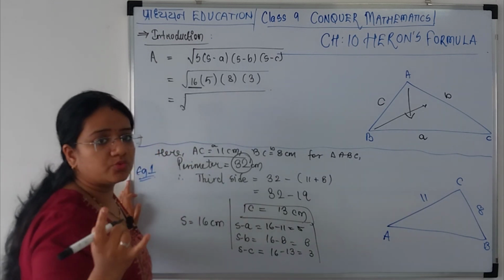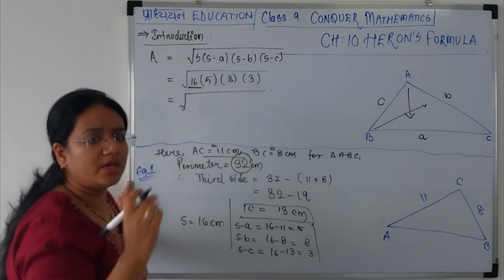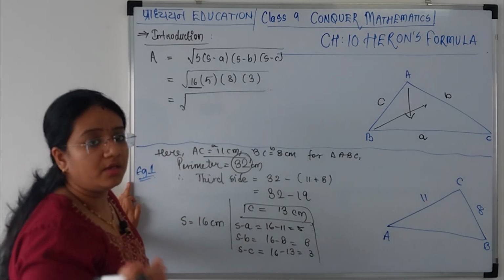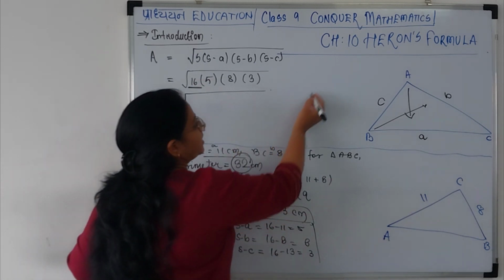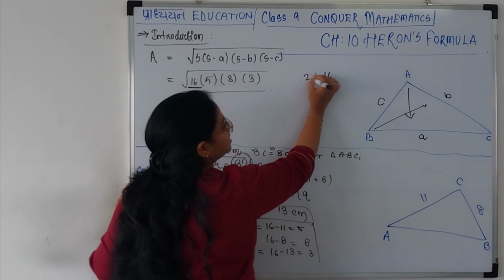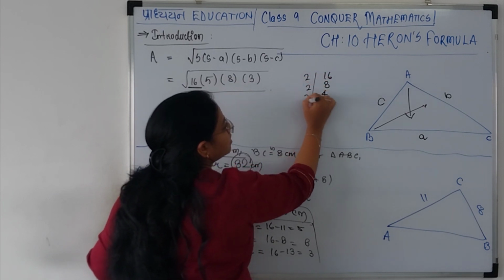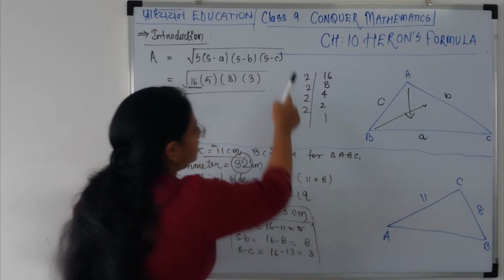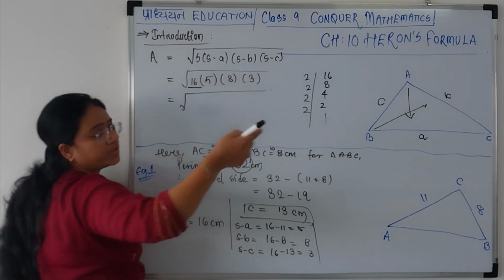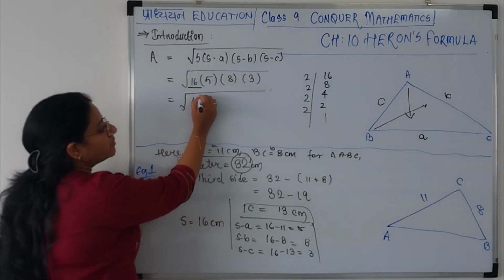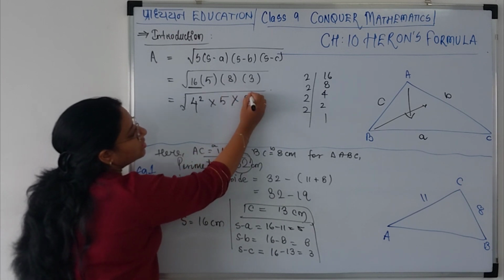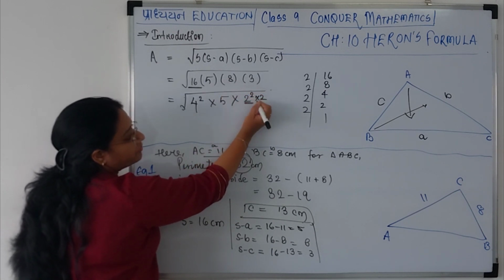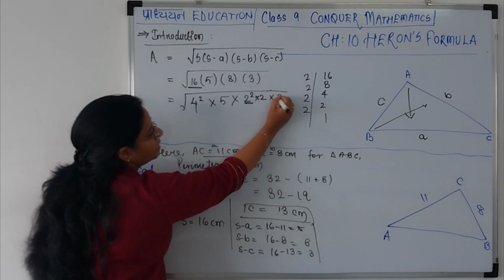And if you don't realize that a bigger number is the square of something, simply prime factorize whatever is given to you. So you get 2 raised to 2 into 2 into 2 into 2, which is nothing but 4 square. Nothing for 5. 8 is 2 square into 2, that is 4 into 2, and 3 also as it is.